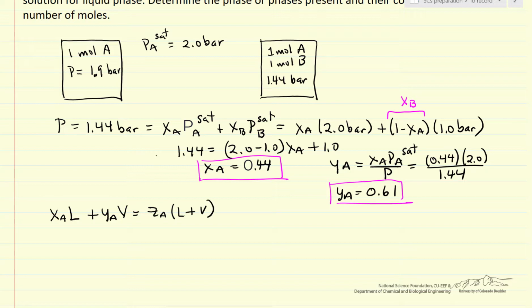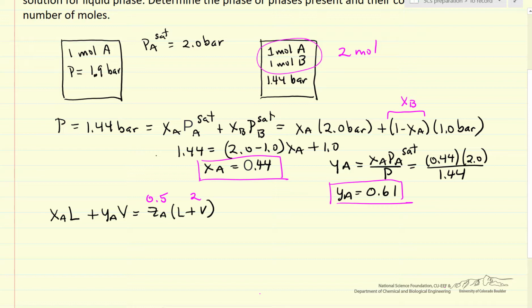So ZA of course, we have 1 mole of A and 1 mole of B, so ZA is 0.5. We know XA and YA. Liquid plus vapor adds up to total number of moles, and total number of moles is 2 moles. So this number here, this is 2.